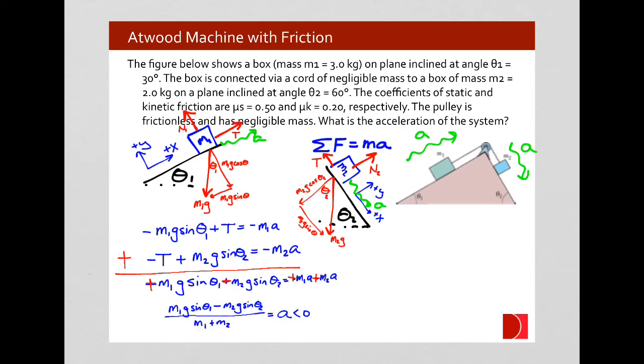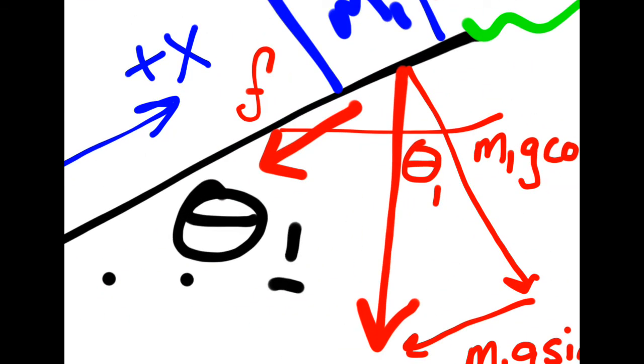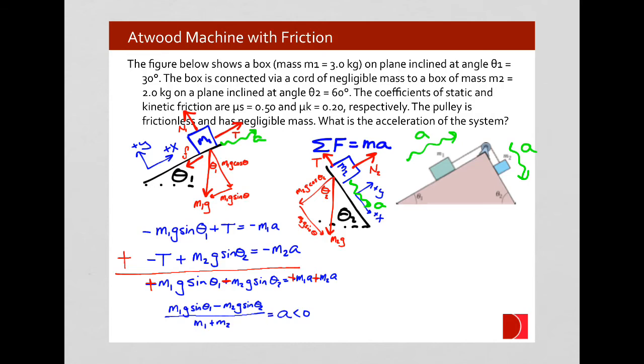And what that means for us then is that when we include the force of friction, the force of friction will be to the left in each case. And the same over here, we have a tension, and we'll also have a force of friction.